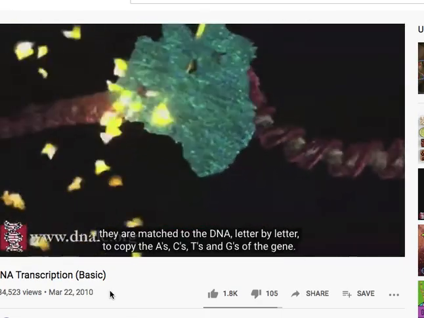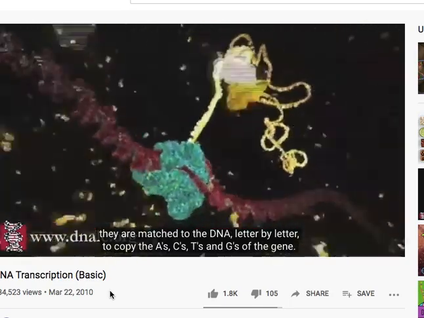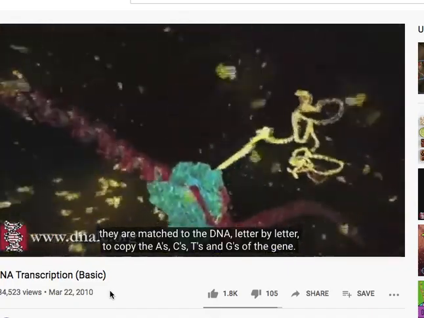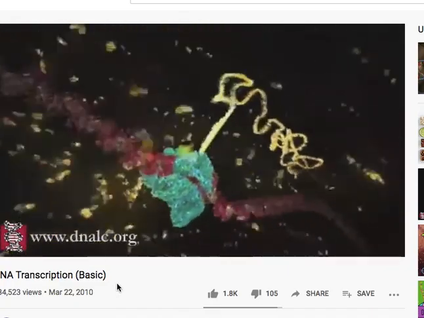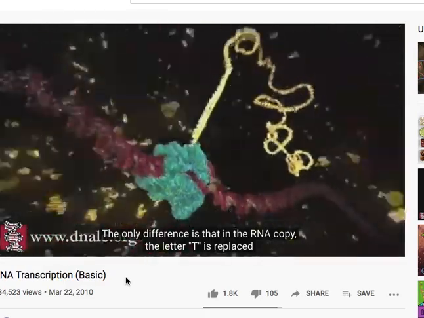They are matched to the DNA, letter by letter, to copy the A's, C's, T's, and G's of the gene. The only difference is that in the RNA copy, the letter T is replaced with a closely related building block known as U.